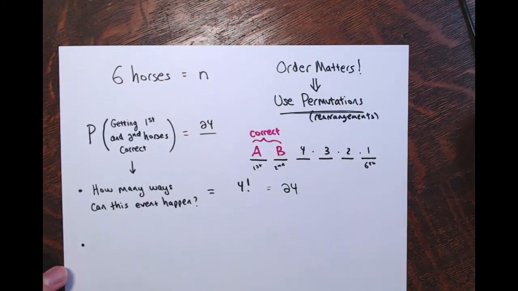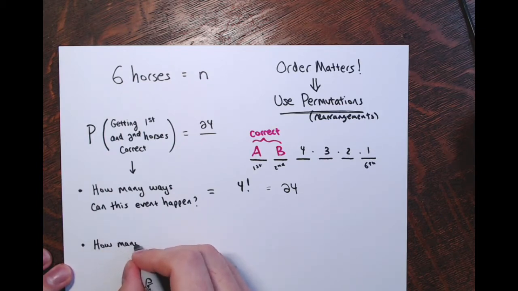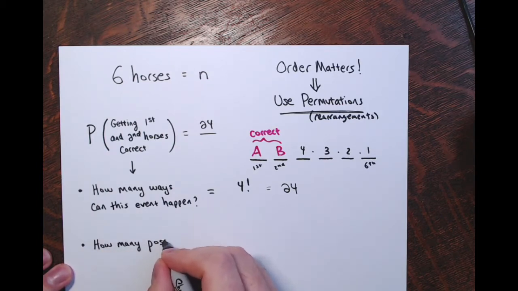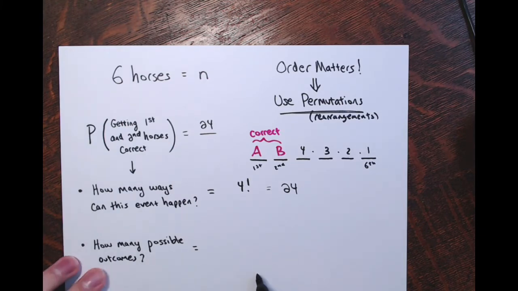Divided by, and the question is, how many total outcomes are there? How many possible outcomes are there for this horse race? I have the 6 horses, from first place to 6th place.